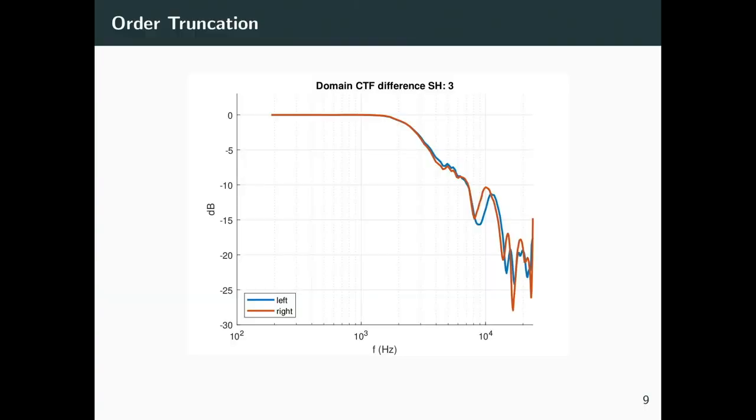Let's look at the problem. As I said, we want to limit the reproduction accuracy in terms of SH coefficients, and then be as close as possible to our reference, which is the time domain. To look at the general error, the average error that we make, so to say, we can have a look at the common transfer function, which would be just an average over the sphere of all transfer functions.